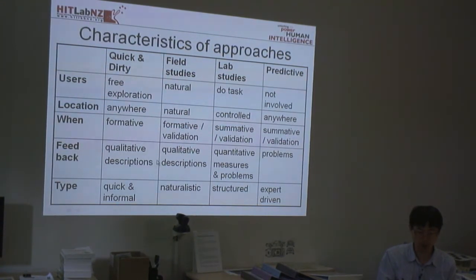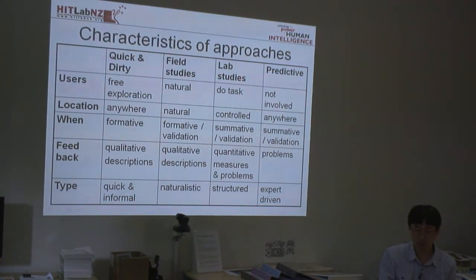At the early stage of your project, you'll mostly be getting qualitative descriptions, in verbal communication or a written description, that this part was hard for me, it was slow to do, and so forth.